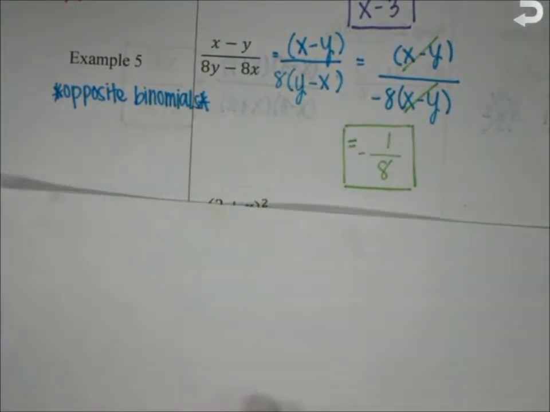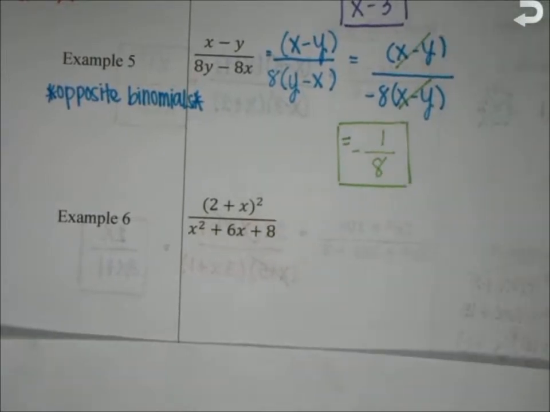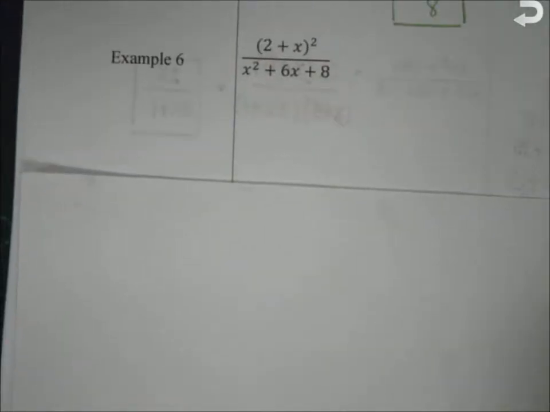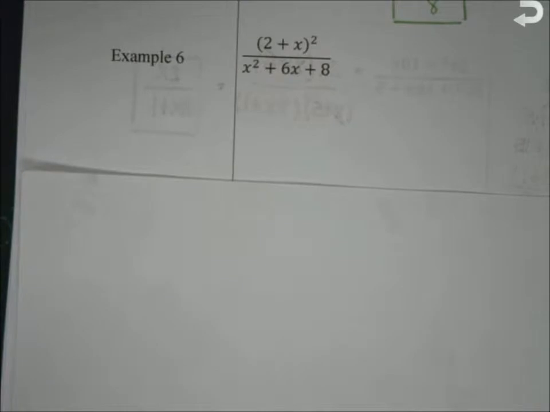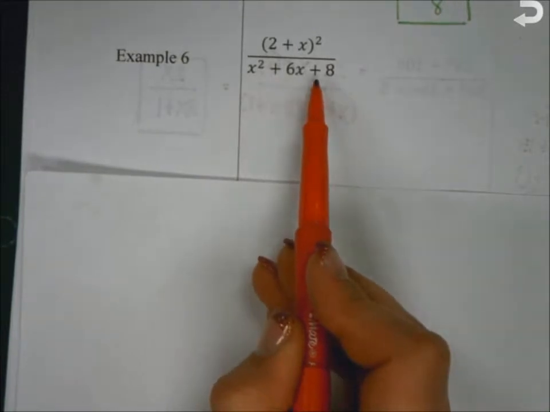Okay, example 6. We have 2 plus x, all of that squared, all over x squared plus 6x plus 8. Okay, 2 plus x squared.